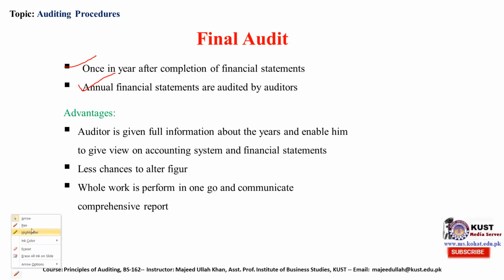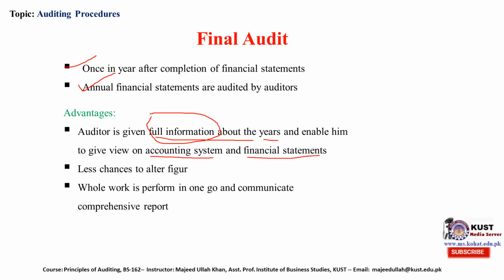What are the advantages? The auditor is given full information about the year and is enabled to view the accounting system and financial statements. Full information is provided at one time so that he has a comprehensive view about the financial statements and accounting system.